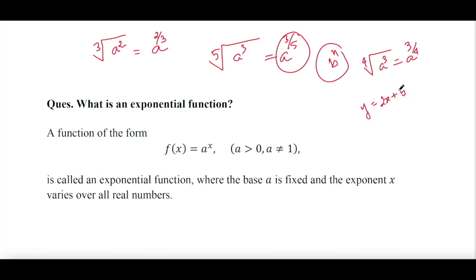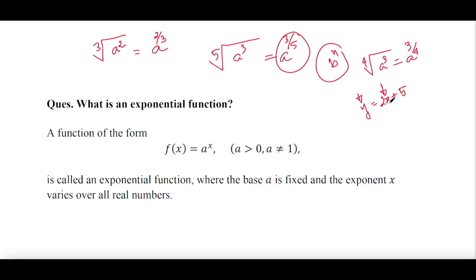We know this is an algebraic function because for each value of input variable x, there is a single value of output variable y. x is called input variable or independent variable, and y is called output variable or dependent variable.